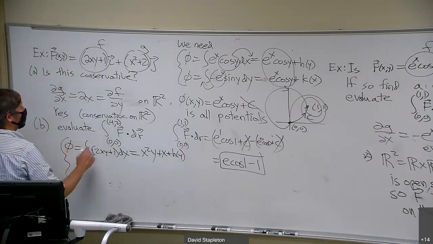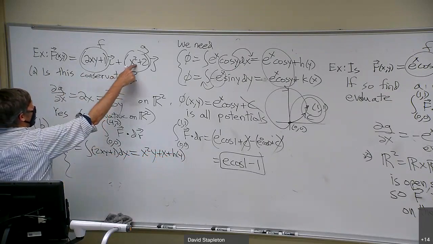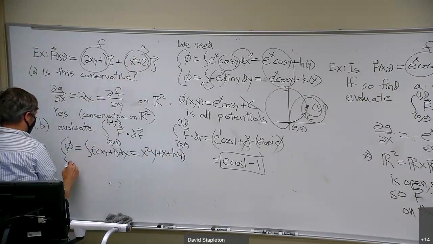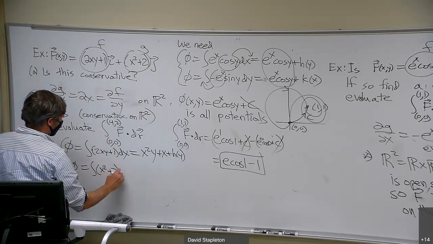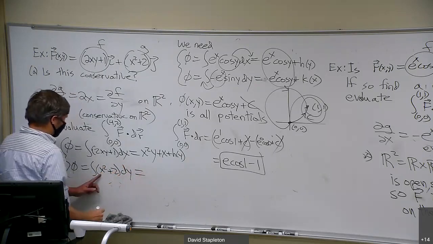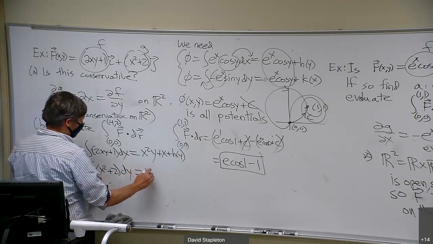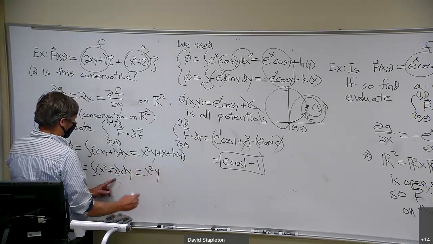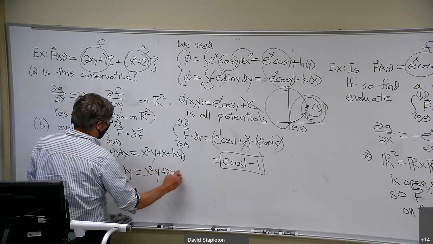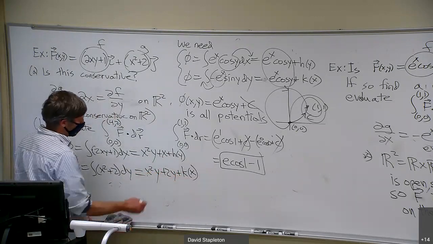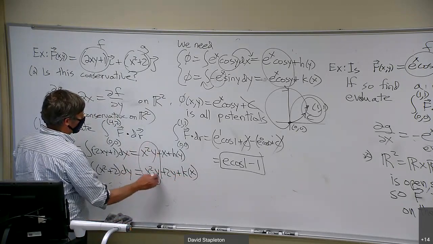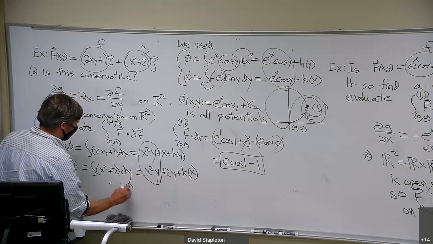But also from the second part, d phi/dy has to be this function. So phi is the integral of this function with respect to y, x squared plus 2 dy. The integral of x squared, treating x as a constant, is x squared y. The integral of 2 is 2y. And then I've got an arbitrary function of x. How can I make these equal? The x squared y terms match up, so phi is going to have that.